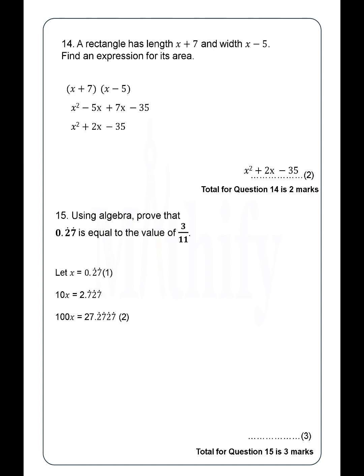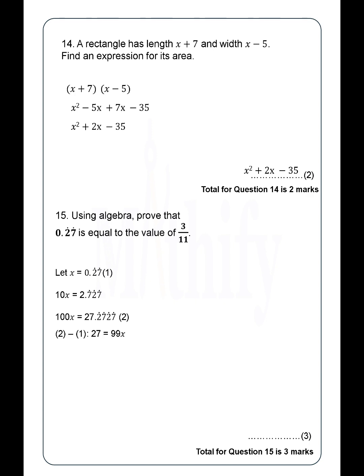Now, as you can see, we label x equals 0.27 recurring as 1 and 100x equals 27.27 recurring as 2. The whole purpose with recurring decimals is to get rid of the recurring decimal parts. So we can subtract the first equation from the second, so 2 minus 1, which means 100x minus x equals 27.27 recurring minus 0.27 recurring.